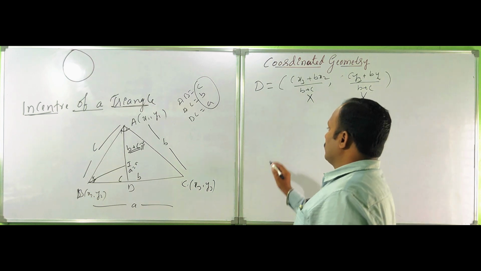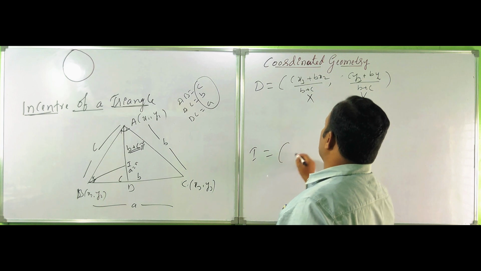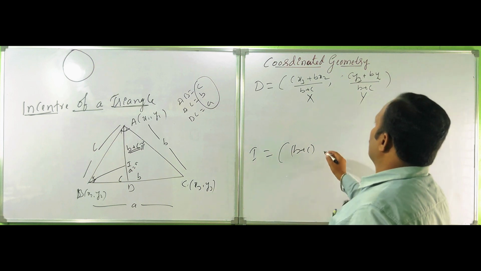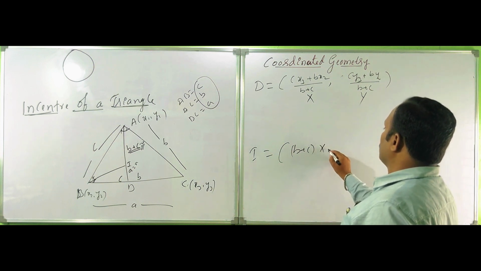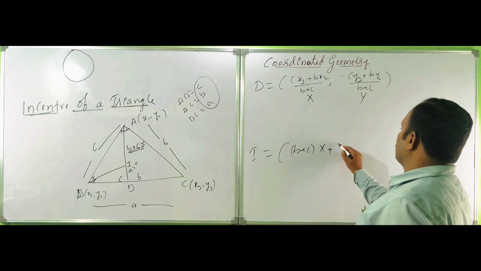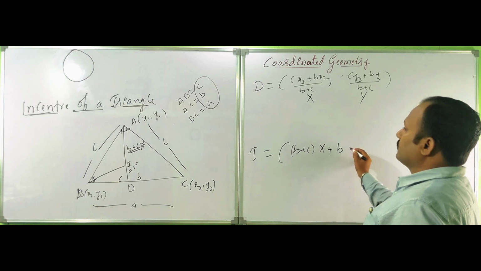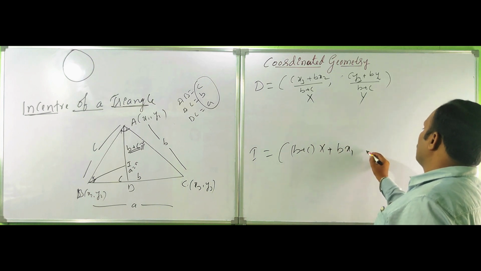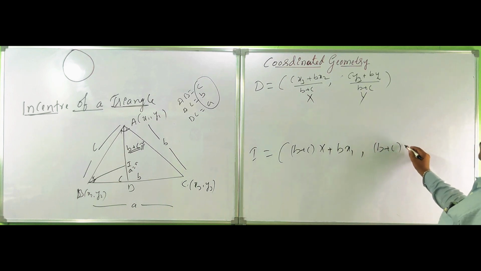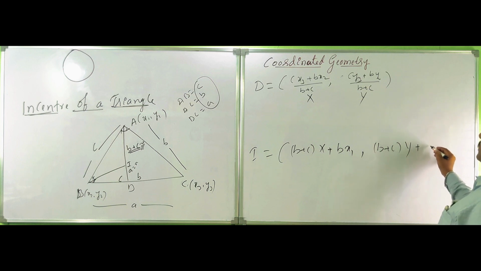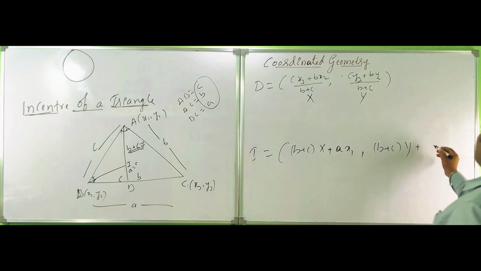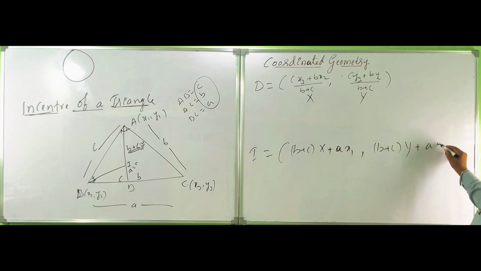Then I becomes B plus C into x, plus A into x1. Again B plus C into y plus A into y1.